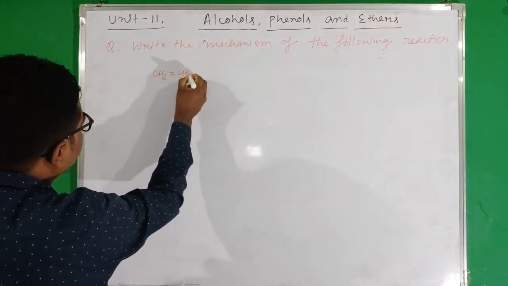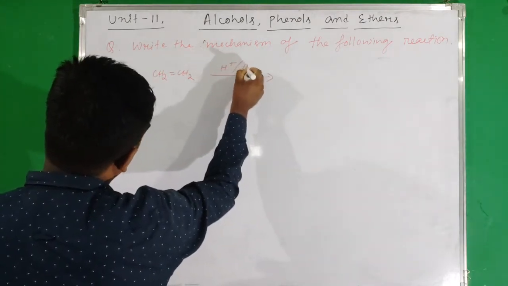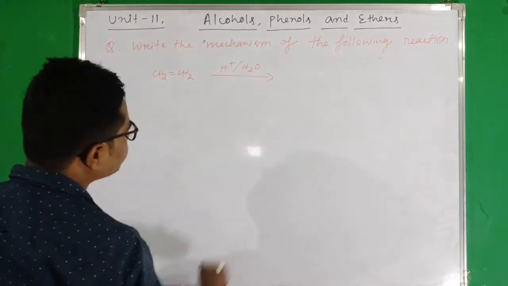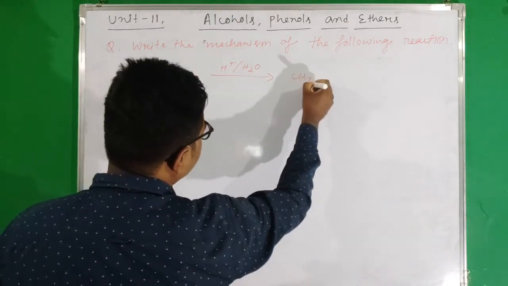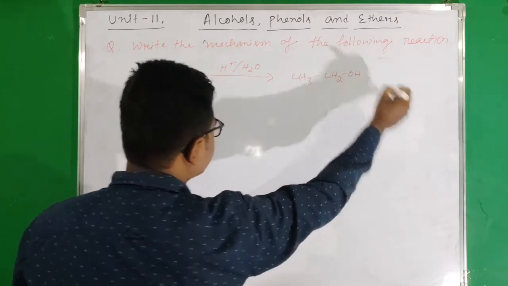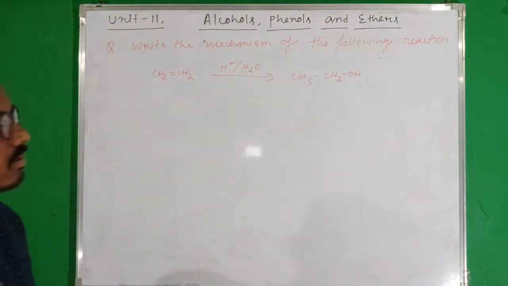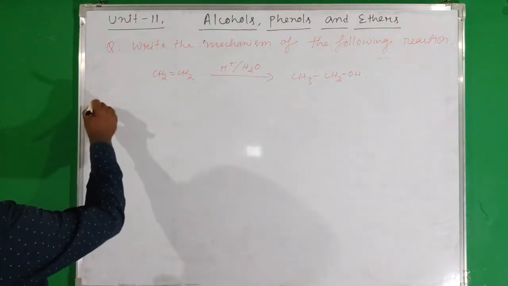CH2 double bond CH2, H positive, H2O, and the product is CH3 single bond CH2OH. So we have to write the mechanism of this reaction. Solution.